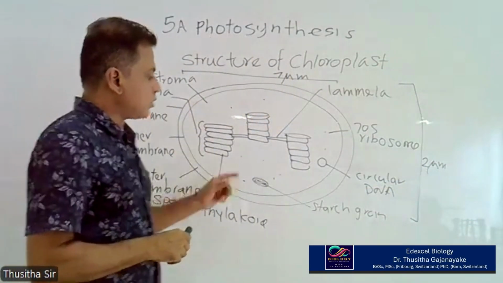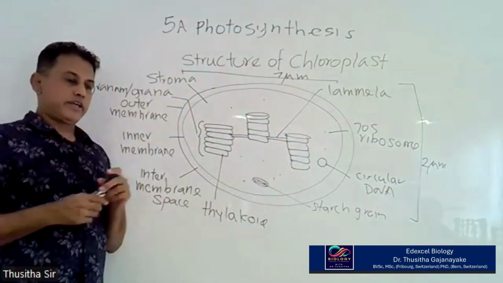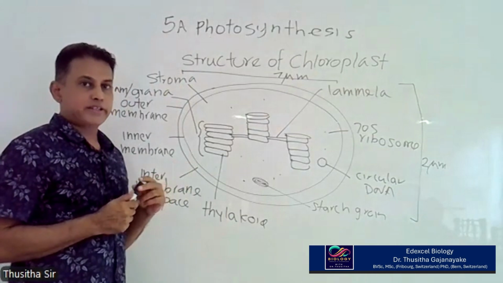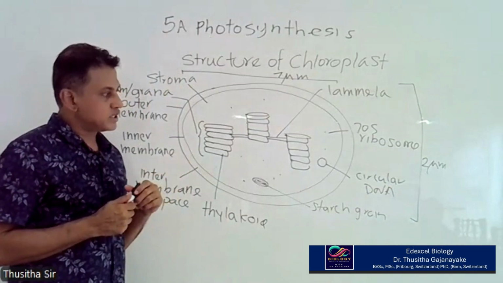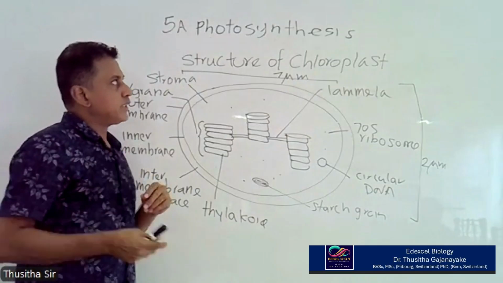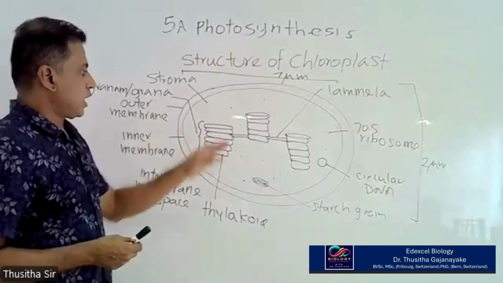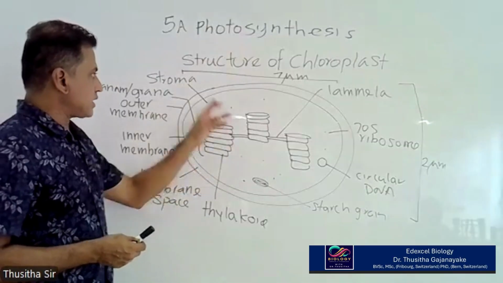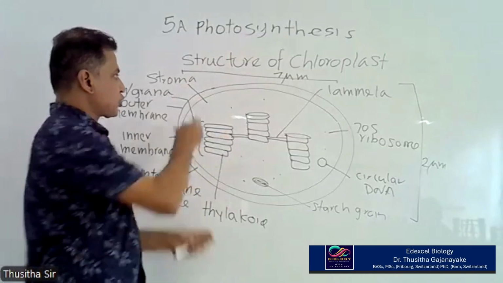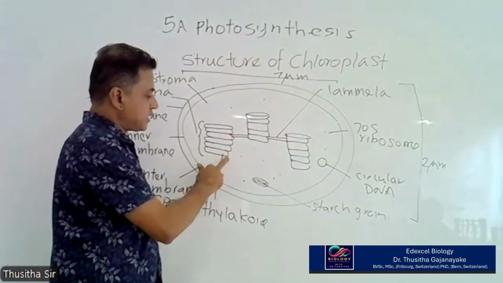This is also important because you will see in the practice questions, you have to identify some of the parts in the exam. Identify this, what's the role of this, like that. And not only that, when we're going to learn the reactions, we should know what is stroma and thylakoid, which reaction takes place in stroma and which reaction takes place in thylakoid.